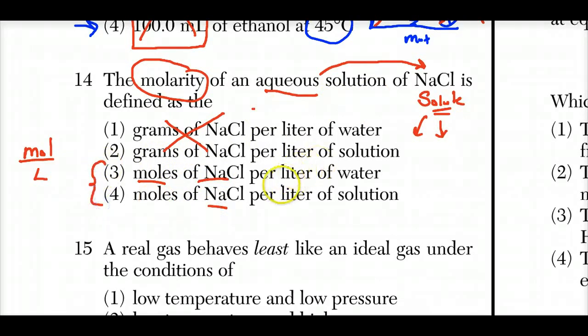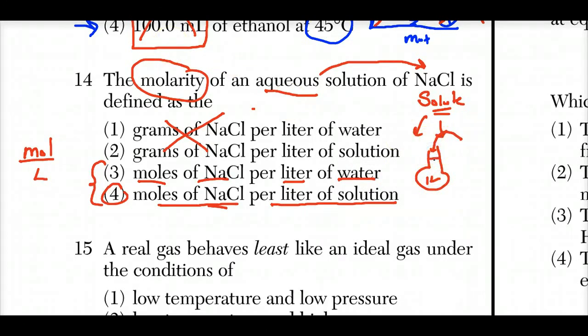Now it's not per liter of water, because if you remember your definition, it's liter of solution. That includes the volume of the solute. So 4 is moles of solute per liter of solution. Don't fall for per liter of water. We do not make a molar concentration by taking a liter of water first and then trying to add stuff to it.